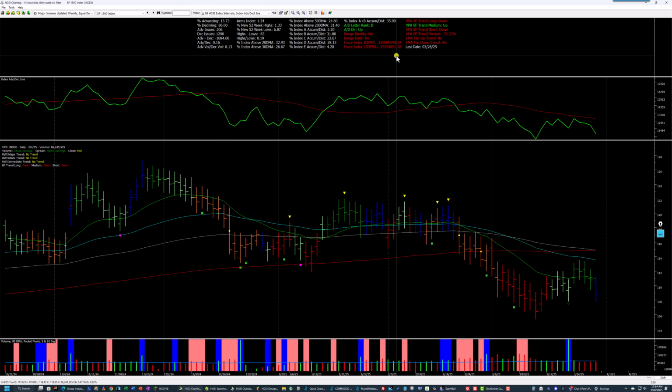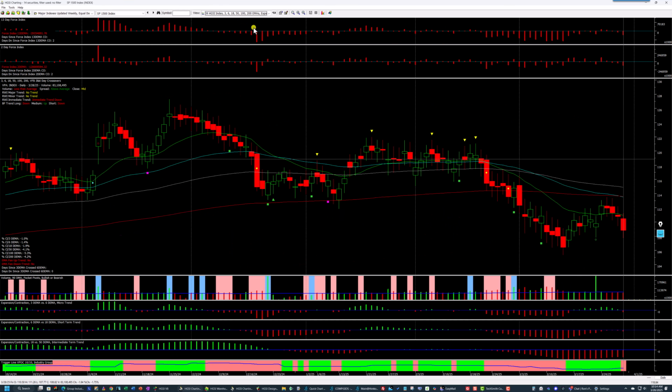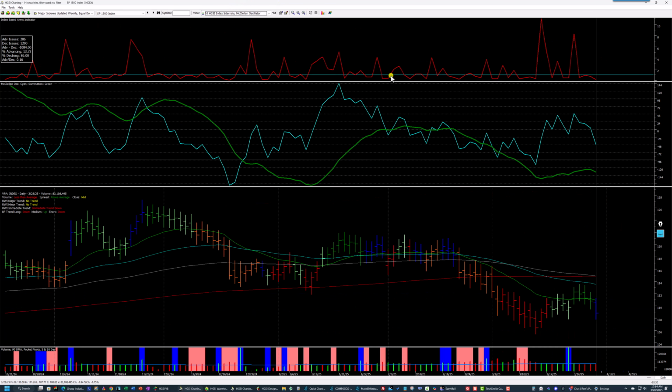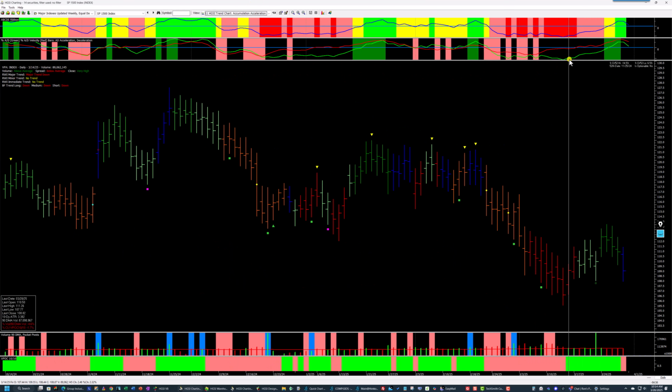Force indexes, the 13 and the 2, both turned down today. McClellan oscillator, you can see it was moving up, but it's rolled over the past few days. And this was strong. The accumulation was really looking good in here, but now it's, so you can see it went from E to D to C to B, didn't quite get to A, and now the blue line is in the black area.